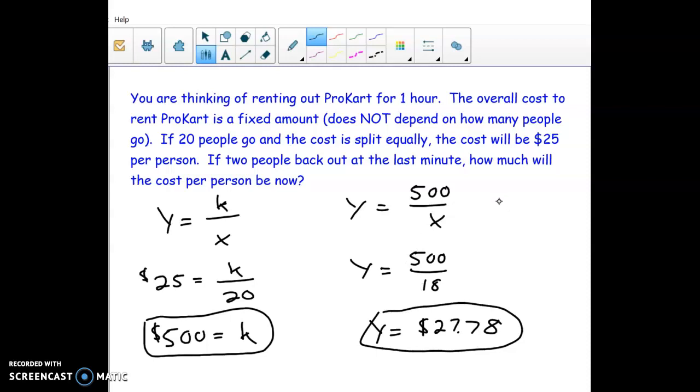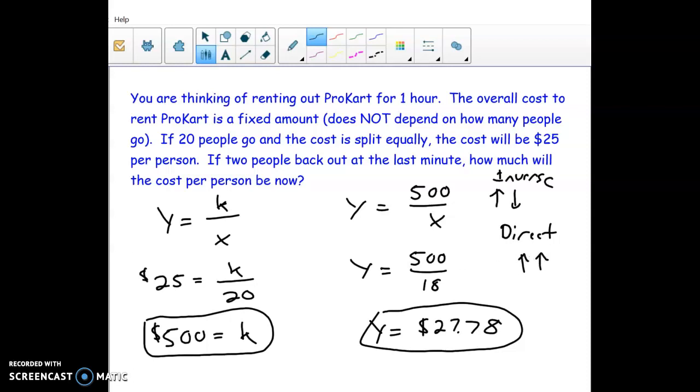And that is another property of inverse variations. As the number of people goes up, the cost goes down. They vary so that one goes up and the other goes down. That's inverse. Versus direct, where they both go up or down together. I should have mentioned that, especially when I was talking about tables. With direct variation, they both go up together, both go down together.